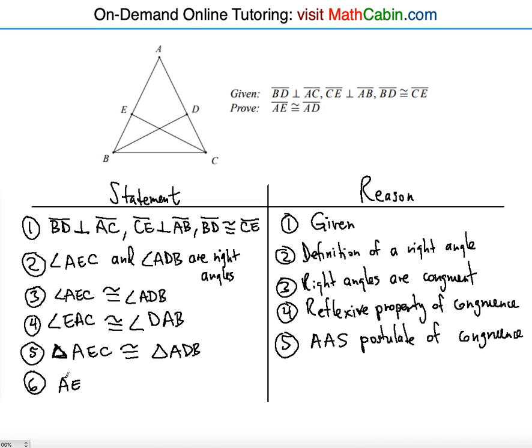So we're ready to say that AE is congruent to AD, based on a simple statement: corresponding parts of congruent triangles are congruent, or CPCTC. Okay, so this is a short version of explaining how you found the corresponding parts, which in this case are sides, being congruent in these two triangles.